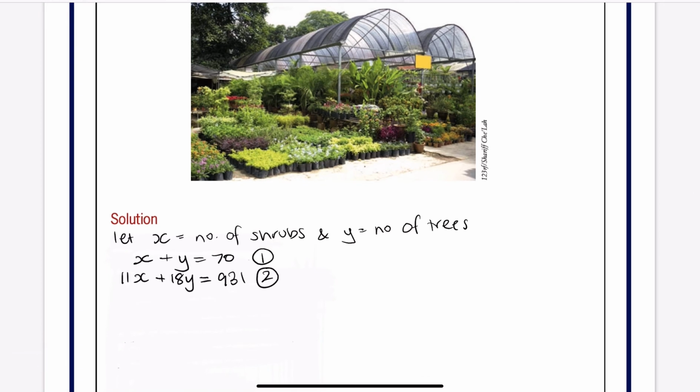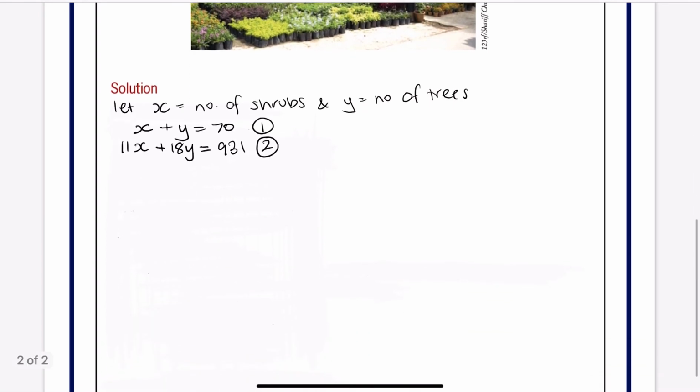Now that we have the two equations, we can solve. What method should we use here? The top one doesn't have any coefficients, so I'm not going to use elimination directly. I could use substitution after some manipulation, but let's use elimination, though you could use substitution for this as well.